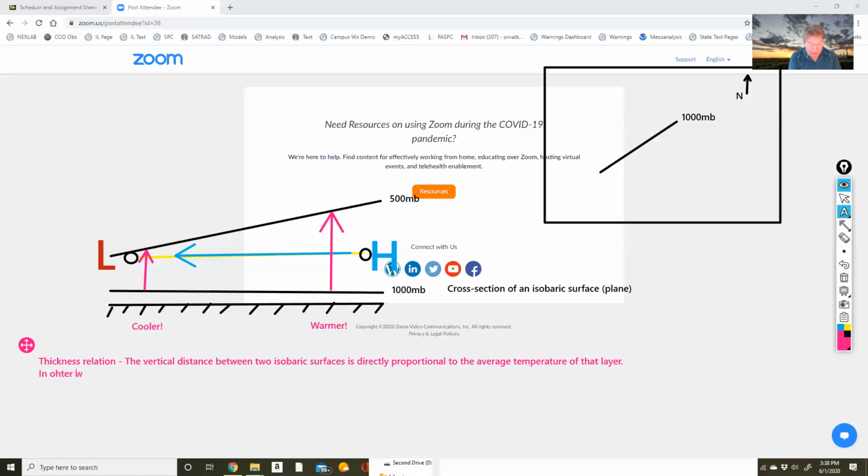In other words, the thicker, the warmer, and I probably should put a comma in here because I'm writing it now. The thicker, the warmer, the thinner, the colder. And I'll try to spell other correctly.